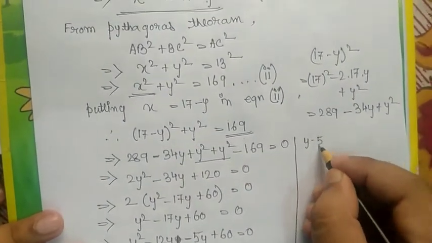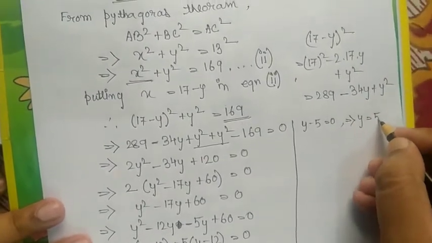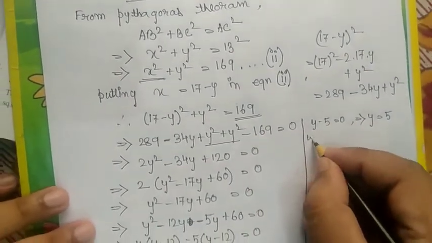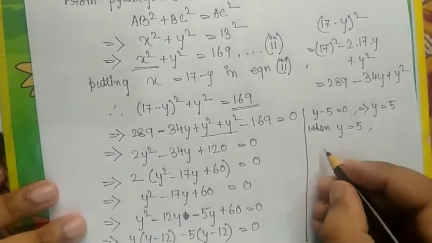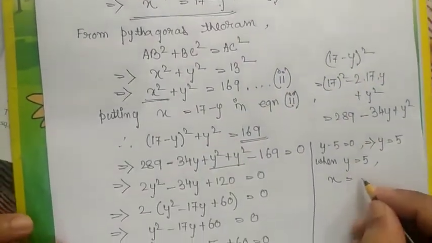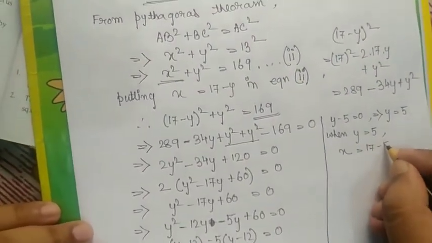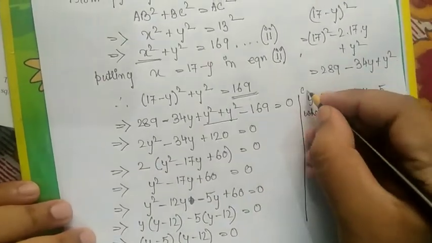Y minus 5 equal to 0, so y equal to 5. When y equal to 5, x equal to 17 minus y, so 17 minus 5 equal to 12 centimeter. This is case 1.